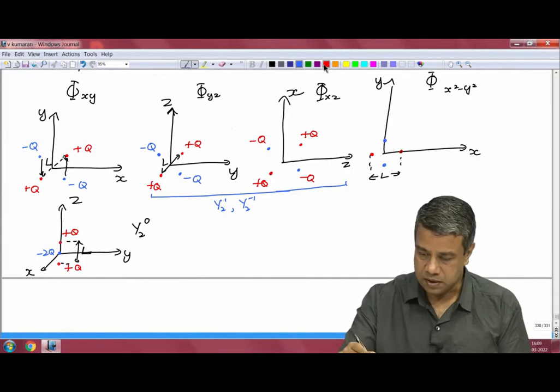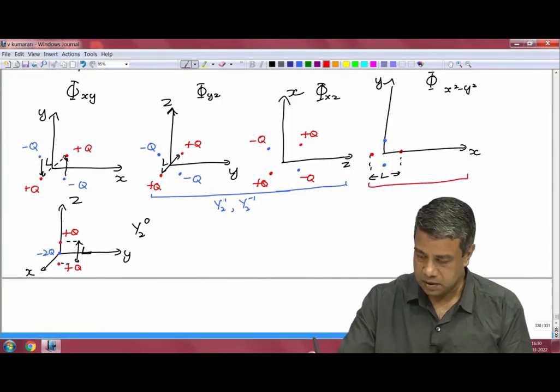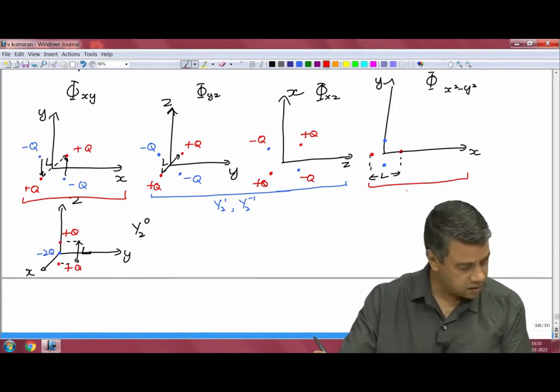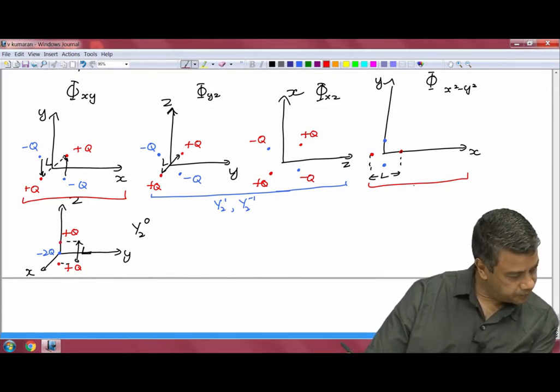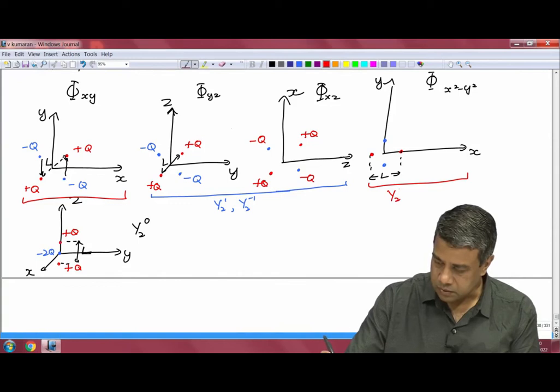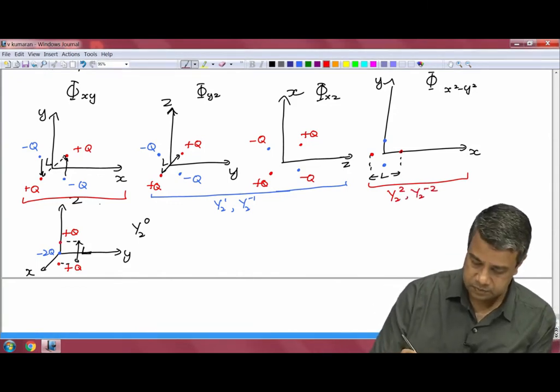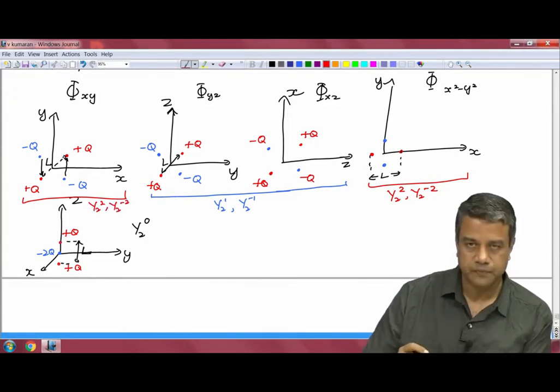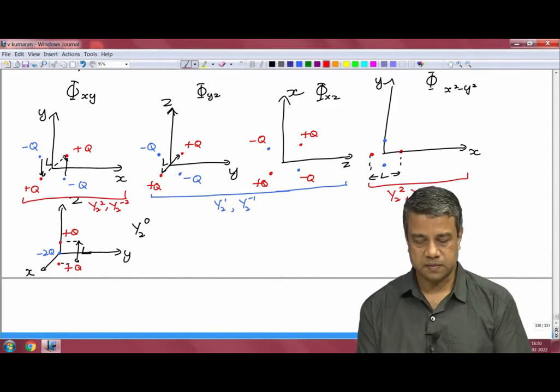And these two terms, this one and this one, are combinations of y 2 2 in the spherical harmonic expansion.